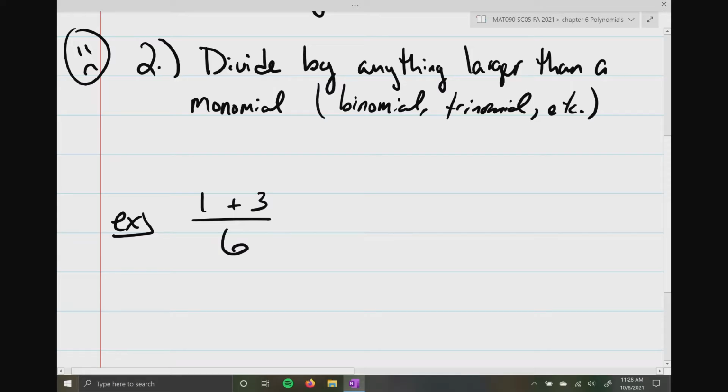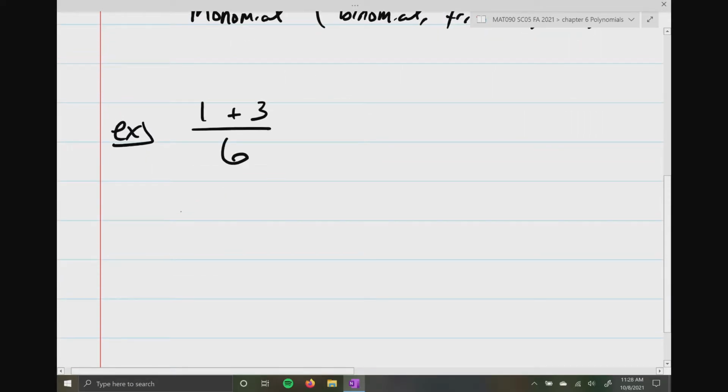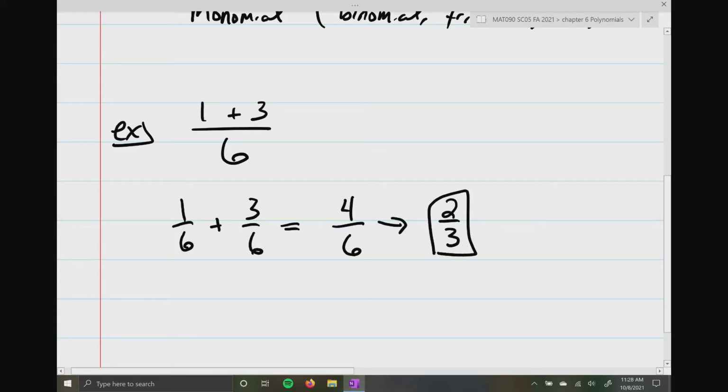Now, a long time ago, you were taught that if you have two fractions that you're adding and they have a common denominator, you are allowed to rewrite the denominator and then add the numerators. So you would get 4 over 6, and then you would have to reduce this. And it turned out the answer was 2/3.